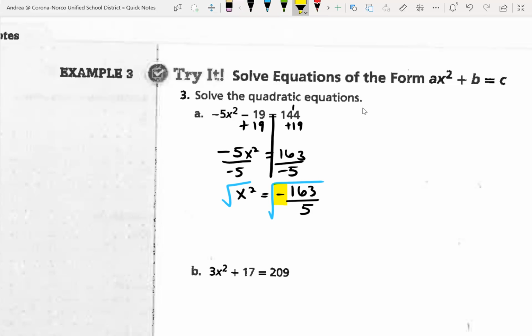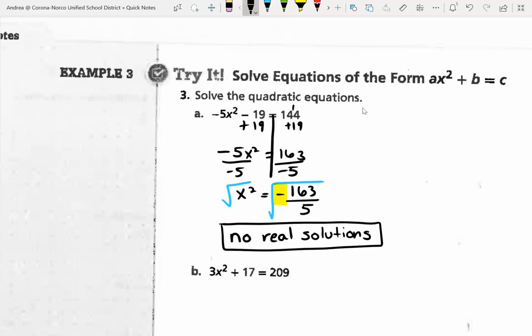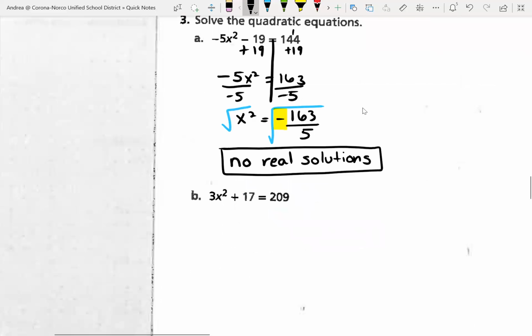So there's no real roots or no real solutions. Any questions over that? Okay, you guys do B.